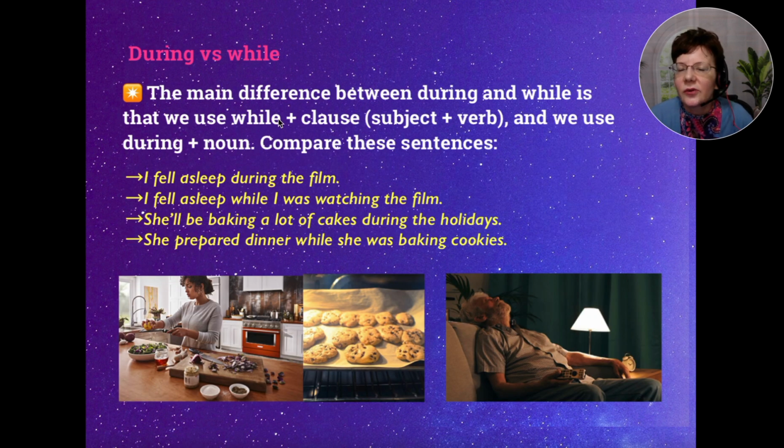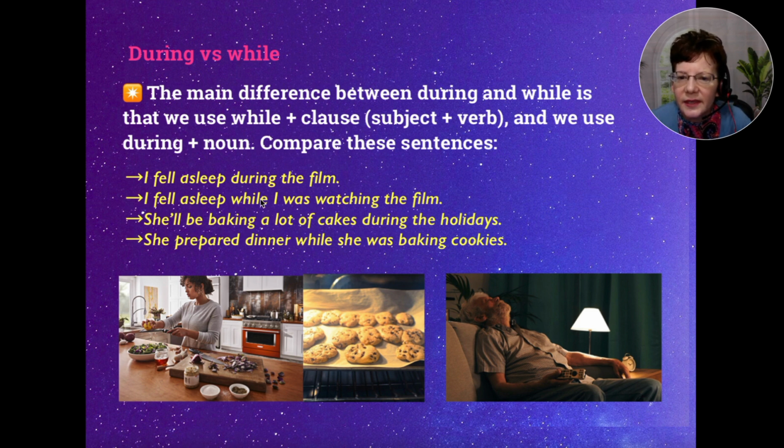All right, so during versus while. The main difference between during and while is that we use while plus a clause, subject plus verb, and we use during plus a noun. So we'll look at these sentences here, comparing. We have, I fell asleep during the film, or I fell asleep while I was watching the film.